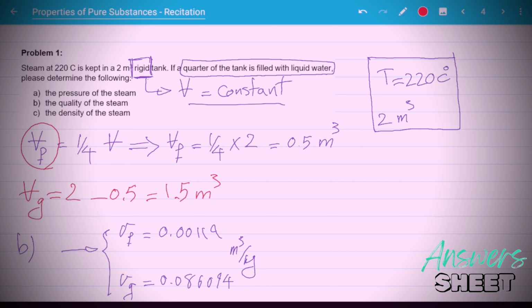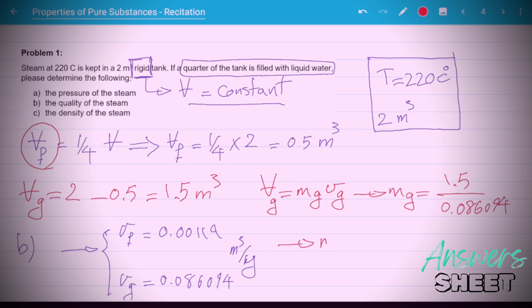Again, we are going to use the equation that the volume is equal to mass of vapor times the specific volume of vapor. Now plug in numbers and you get mass of vapor is equal to 1.5 over 0.086094, which gives us a mass of 17.42 kilograms.